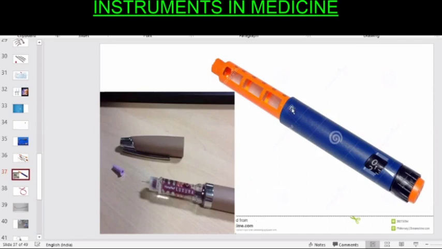It is a very good device because it is user friendly. It is slightly costlier than syringes, but it is the most advisable, and there is no wastage of insulin, therefore it is more cost effective also.